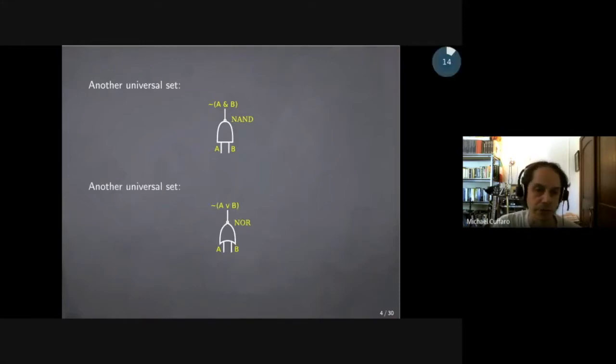And here's another universal set. This is the NOR gate, which instantiates the NOT (A OR B) operation, and that's also a universal set. So using that single gate, I can construct any logic gate that I like, any logical circuit that I like.